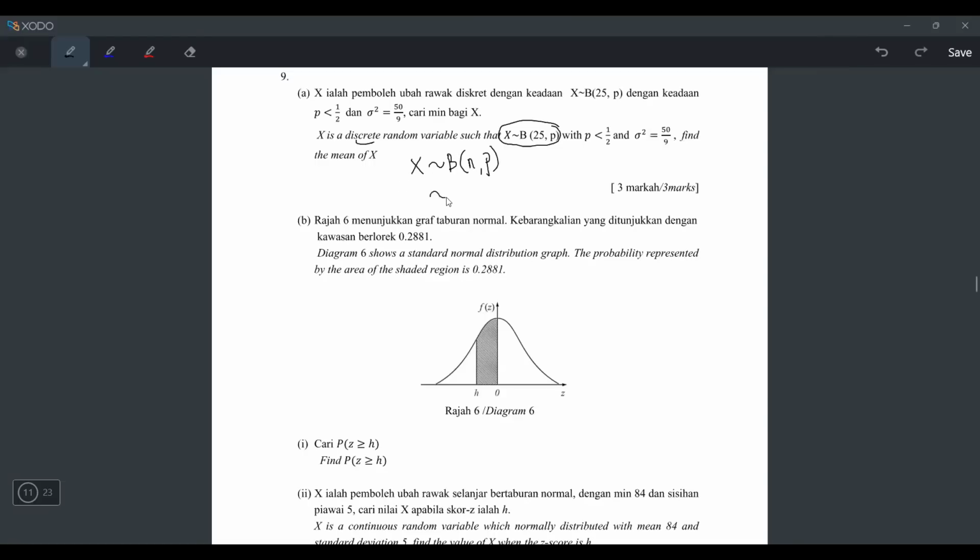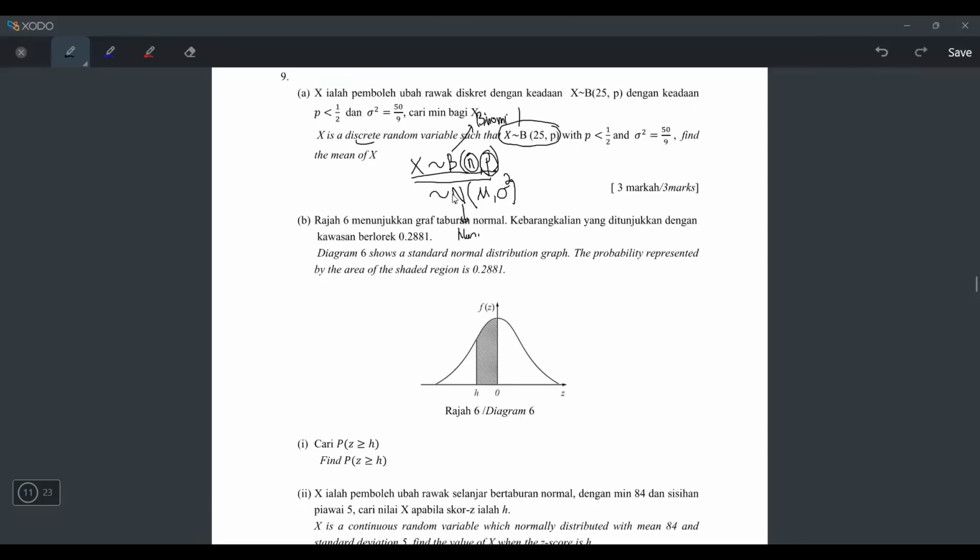They will write like this, but this time they use the letter N. They use the letter N, but then you have to know that the value in front will be the mean, and then the next value will be the variance. Okay? And this B stands for binomial, by the way. This B stands for binomial, and this N stands for normal. So if it's a binomial distribution, and they write in this format, this number is the n, this number is the p.